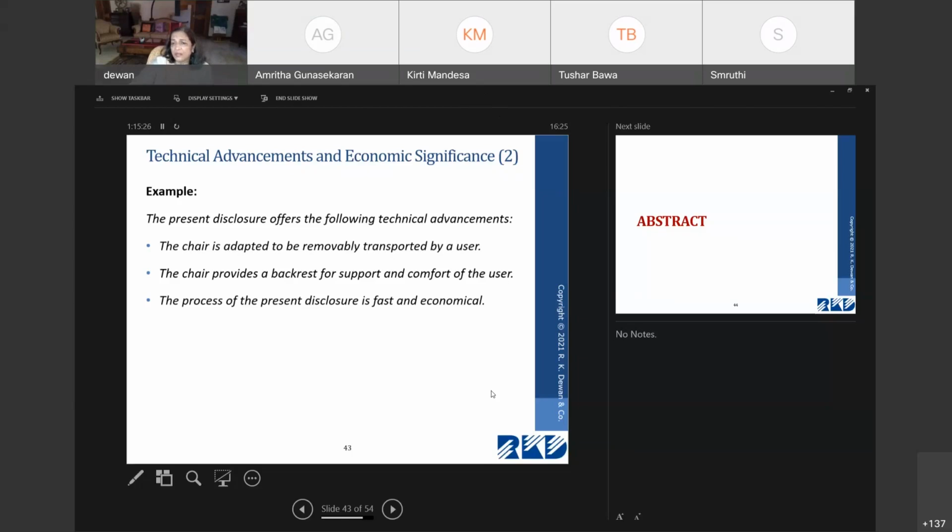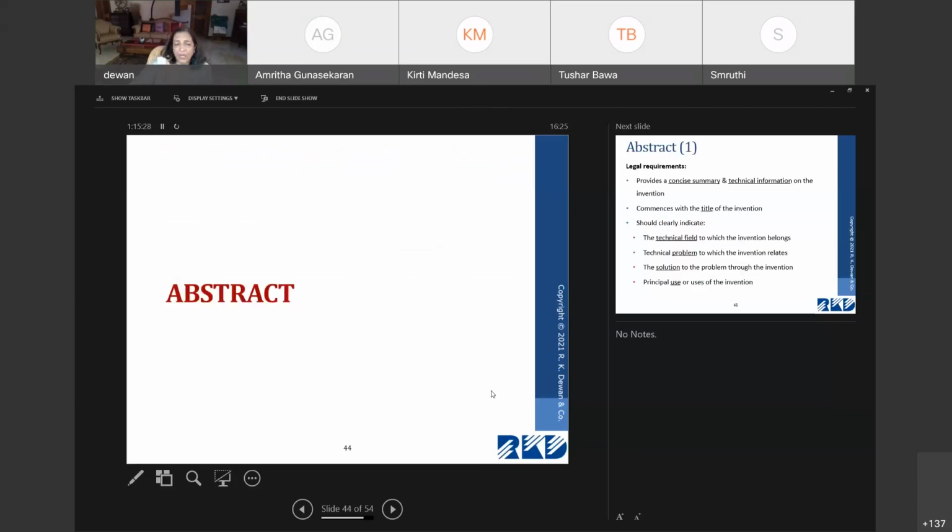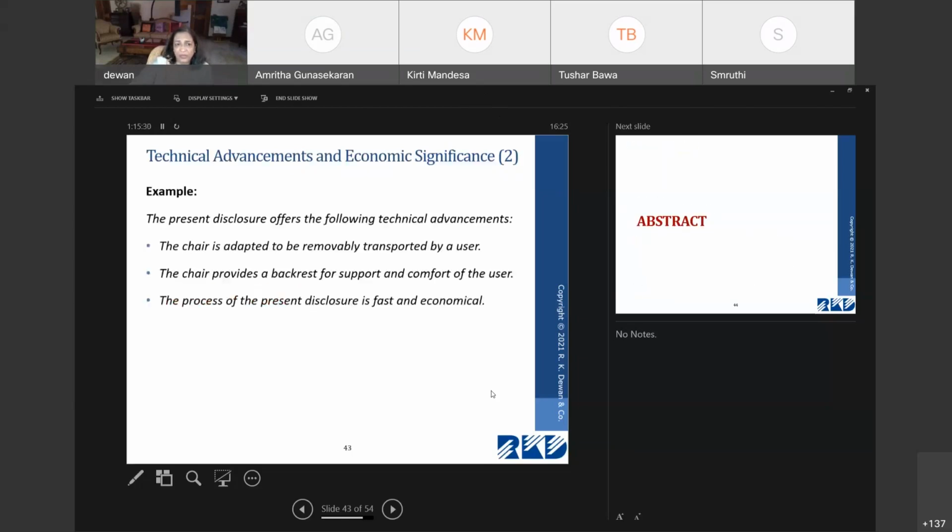So this is an example of how you can close your patent specification by further separately giving the technical advancements and economic significance. Okay.